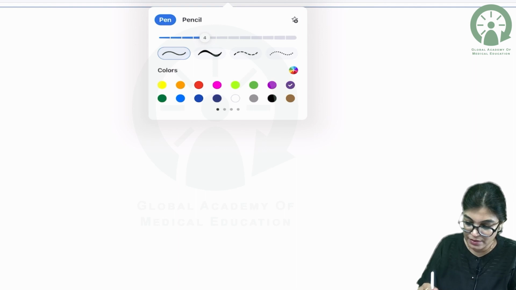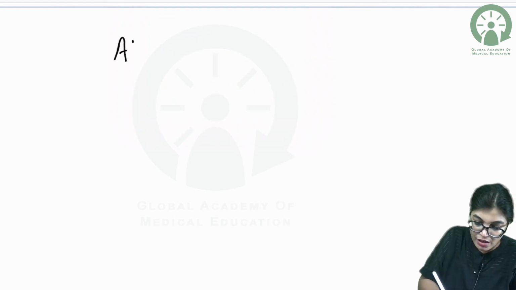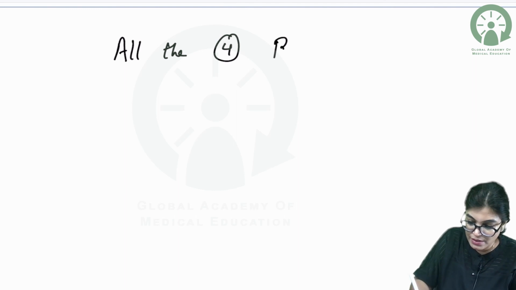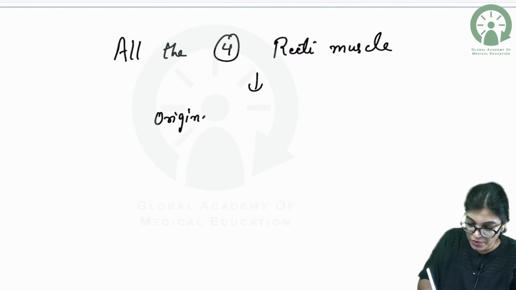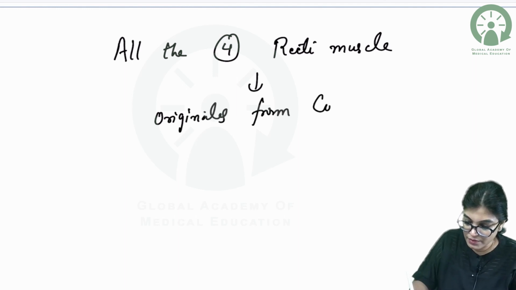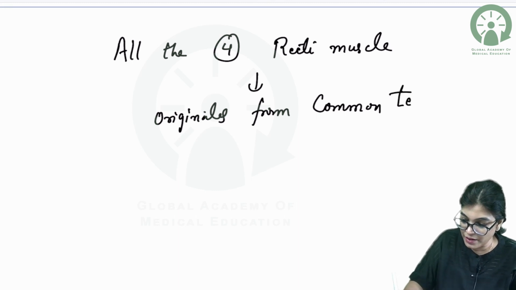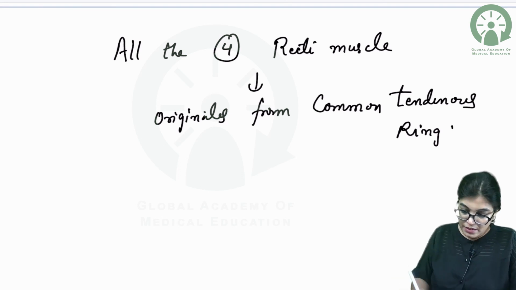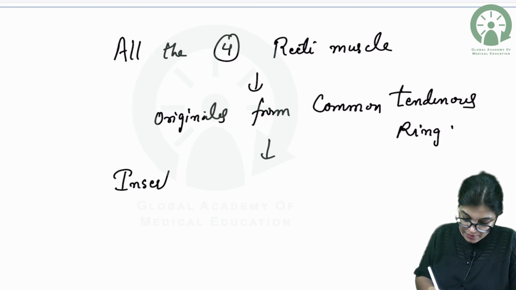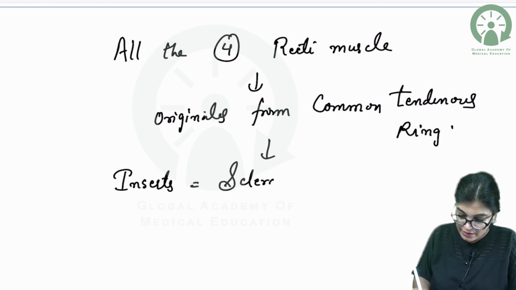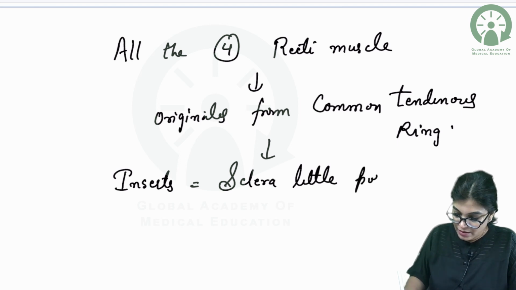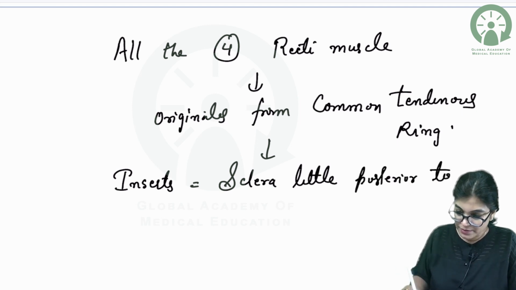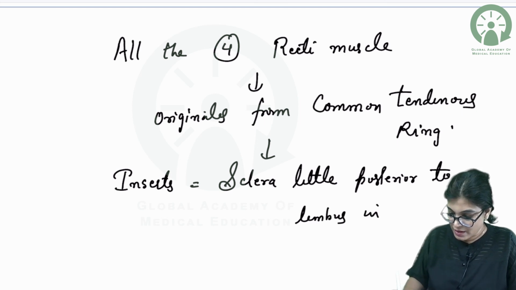Recti muscles: all the 4 recti muscles originate from the common tendinous ring, and insert on the sclera a little posterior to the limbus, in front of the equator of the eyeball.